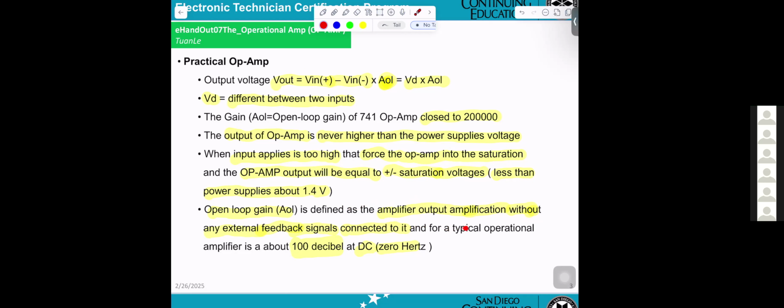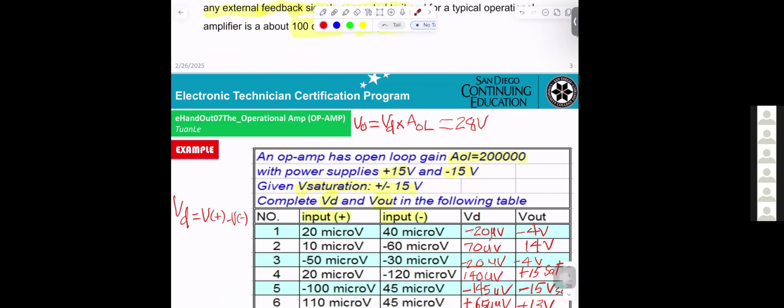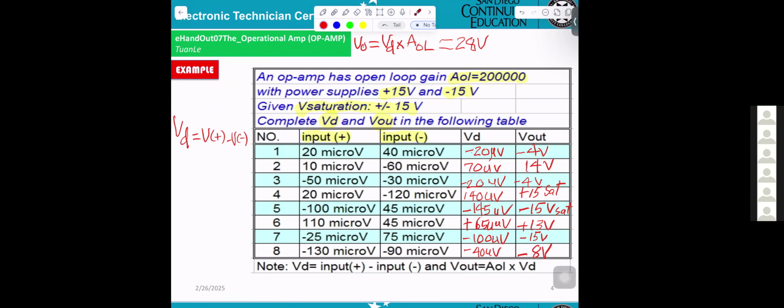And for a typical operational amplifier it is about 100 dB, decibels, at 0 hertz frequency. 100 decibels is almost equal to 200,000. Last time we already did this one, okay? I'll make sure we can record it. When you get the time, you can go through it.